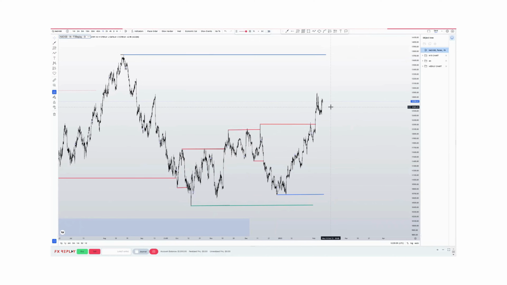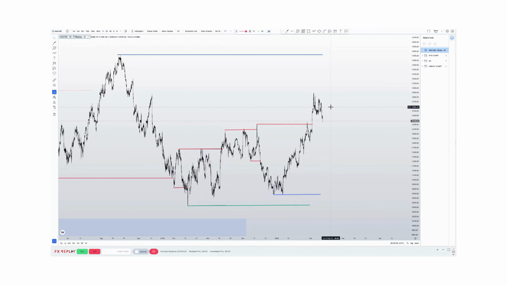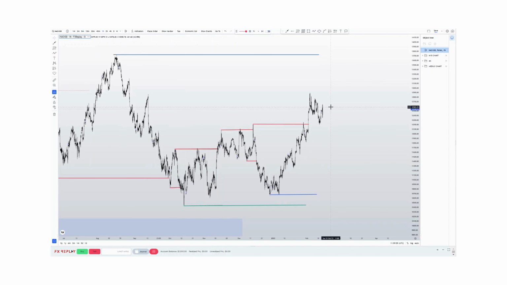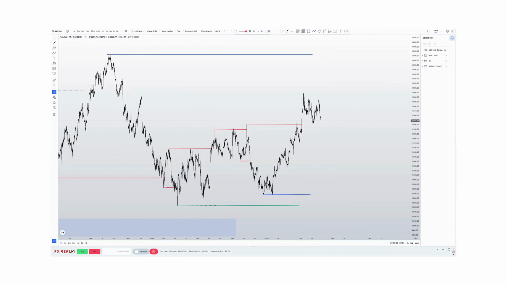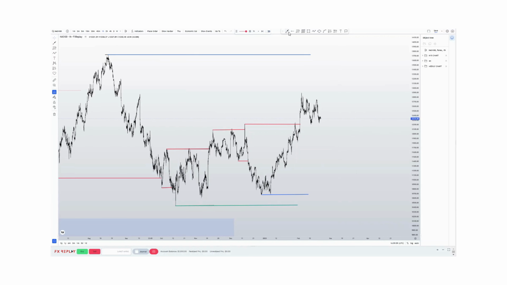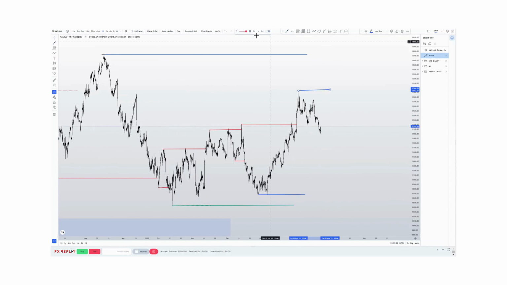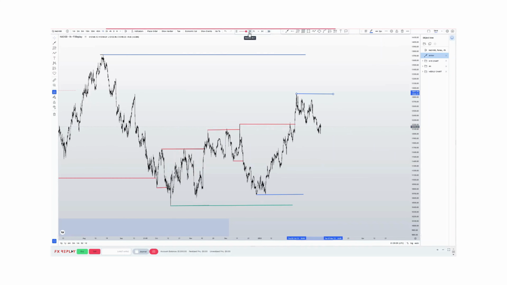So I guess by now you understand where the H4 uses the M15 as its internal structures, and the weekly uses the H4 as the internal structures. So you have this as the weak swing of the M15, and that is the weak swing of the M15.